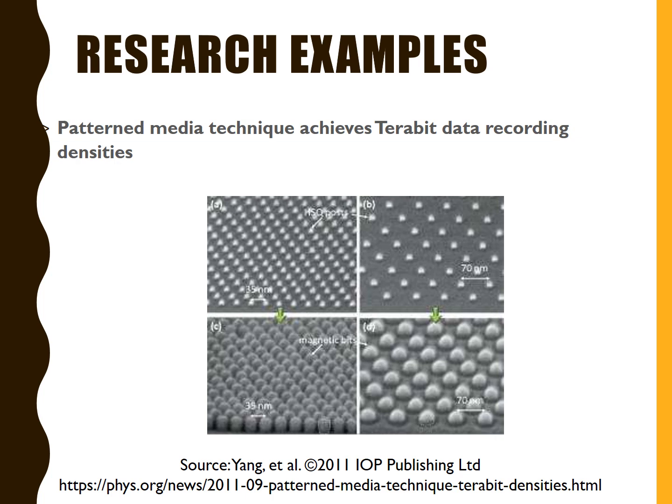Nanoimprint lithography can provide the high throughput and precision that is needed for this technique. It will create the magnetic cells lithographically patterned in ordered arrays, and this will decrease the signal to noise ratio, and each individual magnetic cell can be used as a bit.